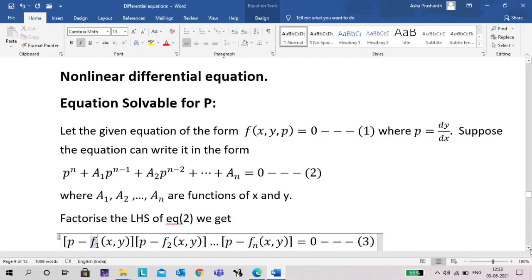If it is exact, it has a solution. How to find the solution? Integral of m into dx, keeping y as a constant, plus integral of n into dy, the terms not containing x, is equal to c. This is the way of finding the solution for exact differential equations.